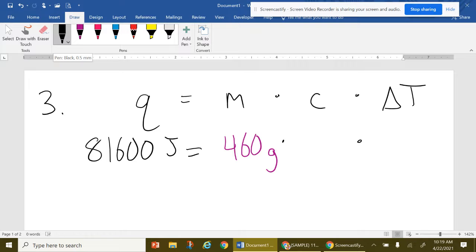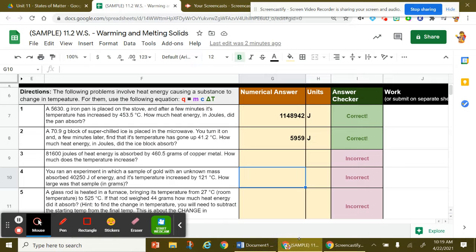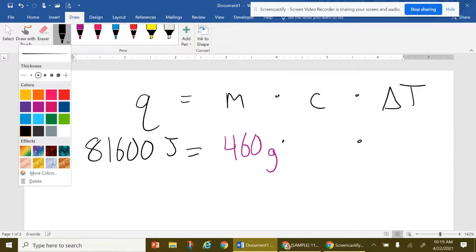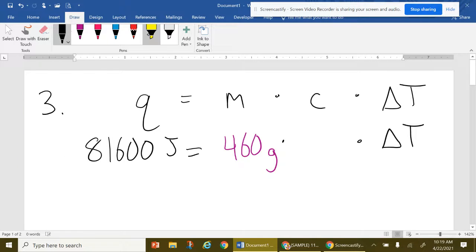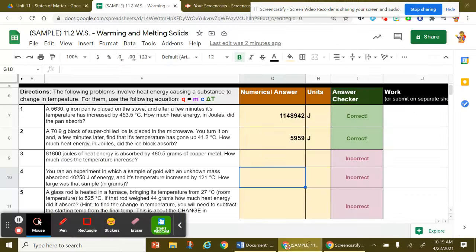All right. Now, what they don't give us is the temperature increase. They ask it in problem 3. They ask us how much does the temperature increase. Okay, so we don't know the change in temperature. We have to find it. But we do know the specific heat because they tell us that this substance is made of copper.